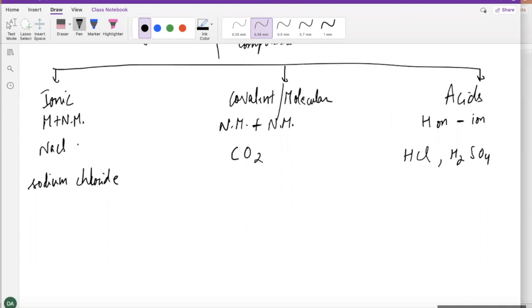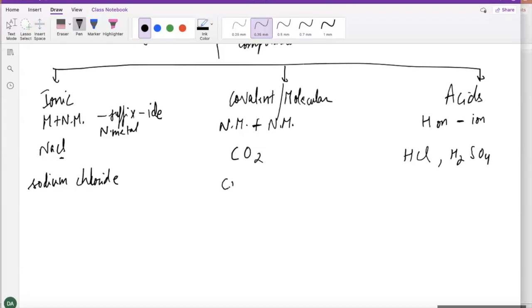Guys, IDE is the suffix you use here. So the suffix you use for the non-metal, or basically the second atom or element of the compound, you use the suffix IDE. Okay, so what you basically do is you don't call this sodium chlorine, you call this sodium chloride.